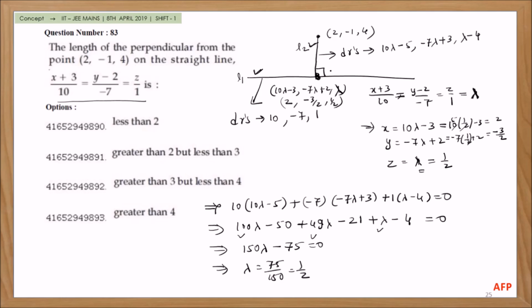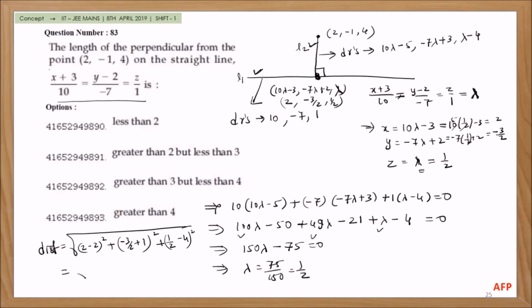So the distance between these two points, therefore the distance is equal to square root of (2 minus 2) whole square plus (minus 3 by 2 plus 1) whole square plus (1 by 2 minus 4) whole square.